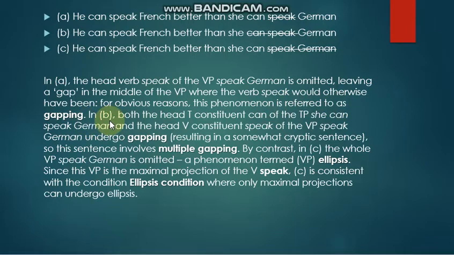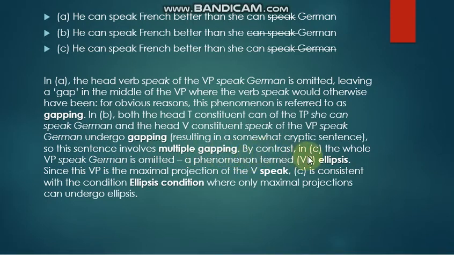In sentence B, both the head T constituent can of the tense phrase she can speak German and the head verb constituent speak of the verb phrase speak German undergo gapping, resulting in a somewhat cryptic sentence. So this sentence involves multiple gapping.